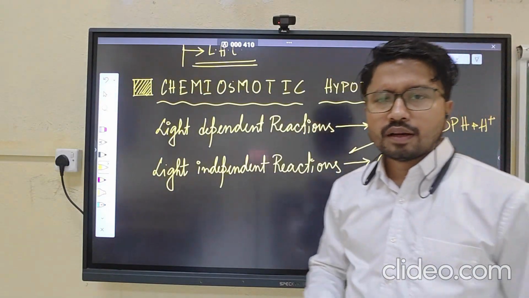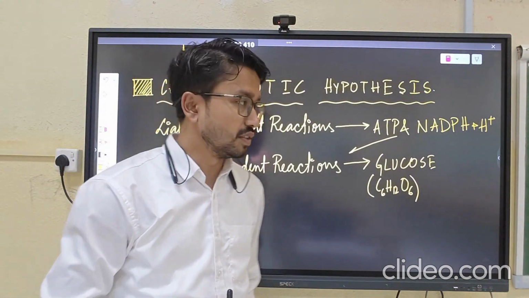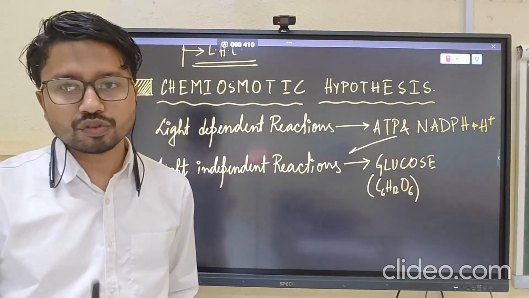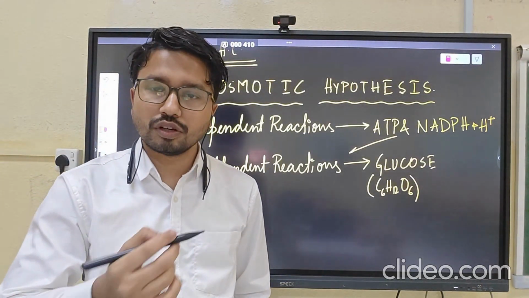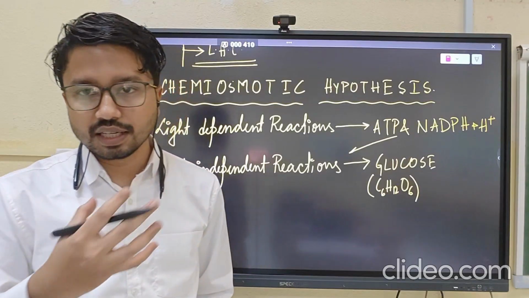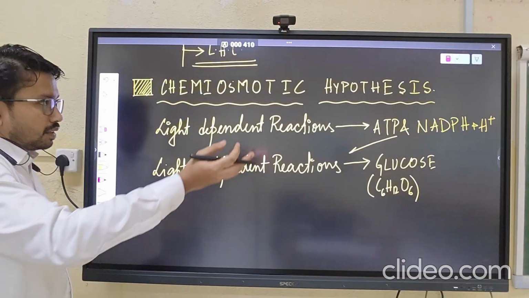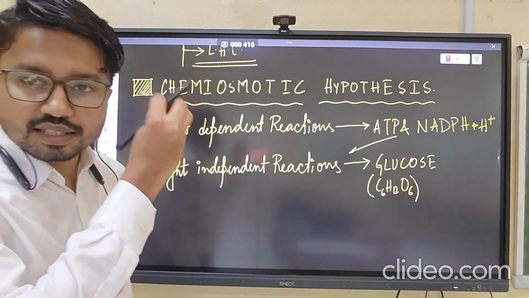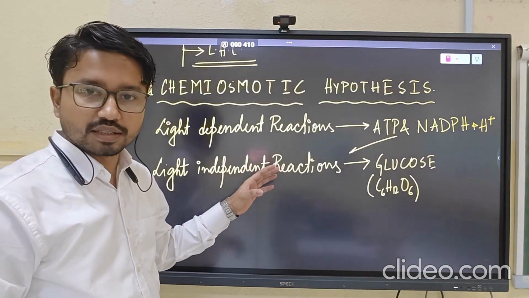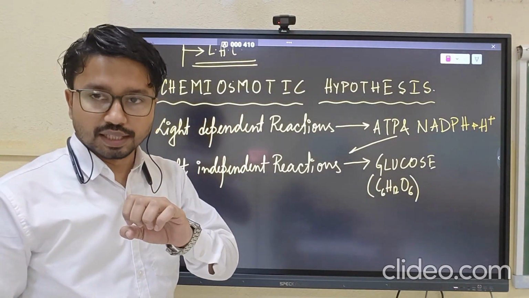Now, I am assuming that whoever sees this video, if a student sees this video, you already know about the photosystems. Photosystems are what? They are composed of the light harvesting complex molecules as well as electron acceptors. The chemiosmotic hypothesis is the mechanism which explains how the chloroplast is able to synthesize ATP and NADPH.